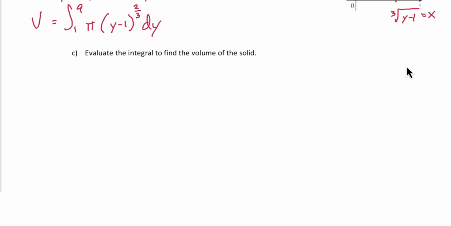Up next, we'll evaluate this integral to find the volume of the solid. In order to integrate this, we're going to need a u substitution. So let's let u be y minus 1.